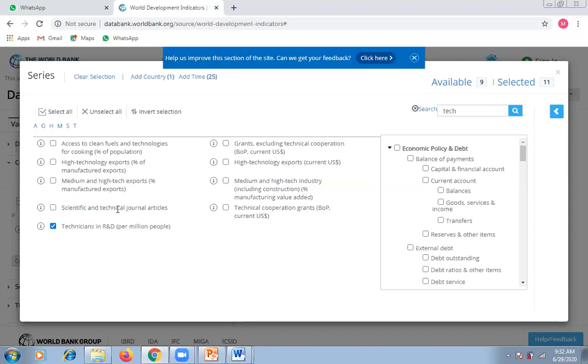Exports. Scientific, high technology export percentage of this is also interesting.